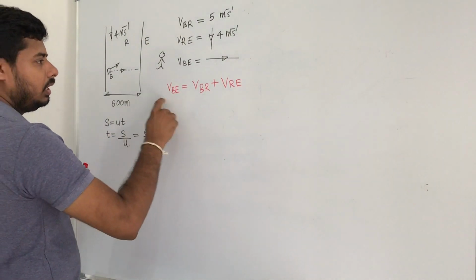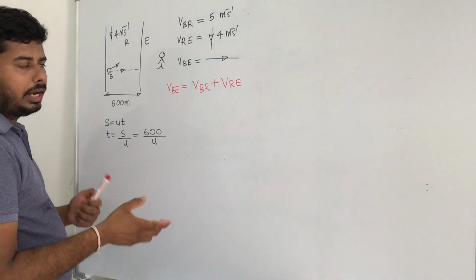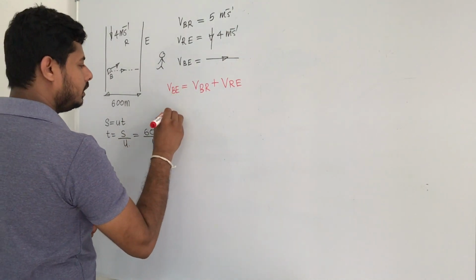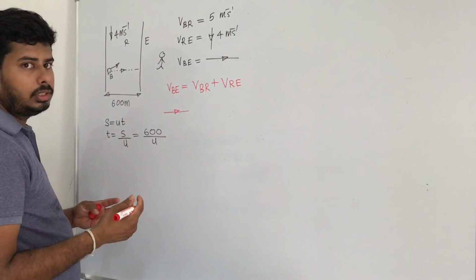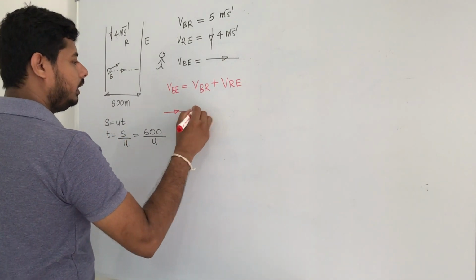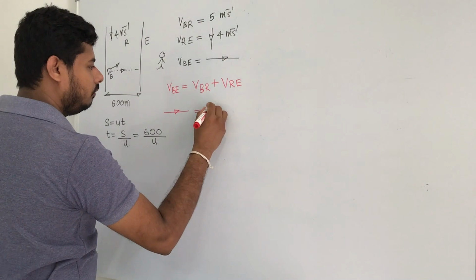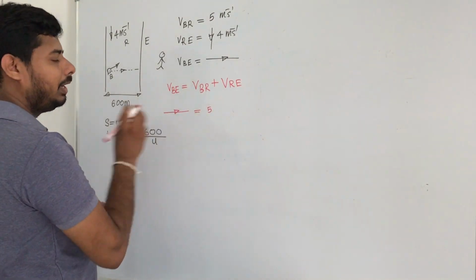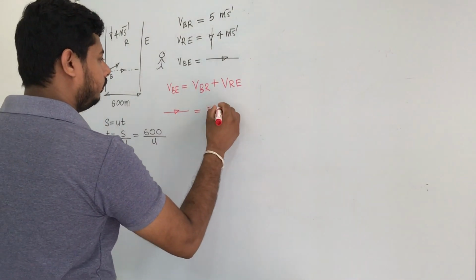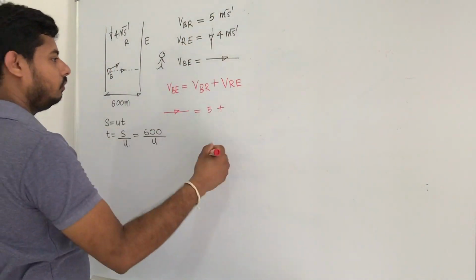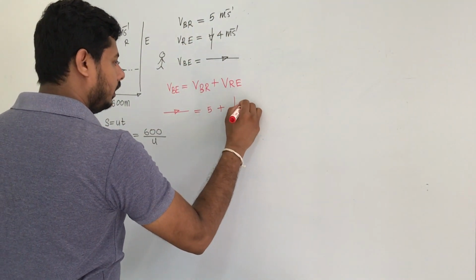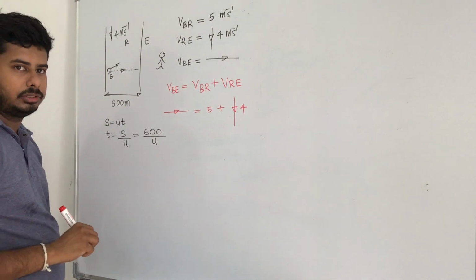This is from vector addition. So BE in this direction, we do not know the magnitude; we only draw the direction. BR means 5 meters per second; we do not know the direction, but we know the magnitude. Plus RE, that is 4 meters per second downwards in the south direction.